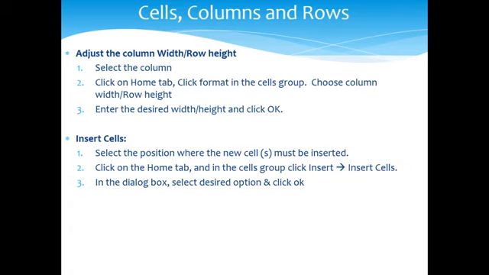Under the Home tab, I click Format in the Cells group, and then I choose Column Width from the menu. Then I enter the desired width. If it's 20 centimeters, I put 20 there, and you are going to see that the column width will change.